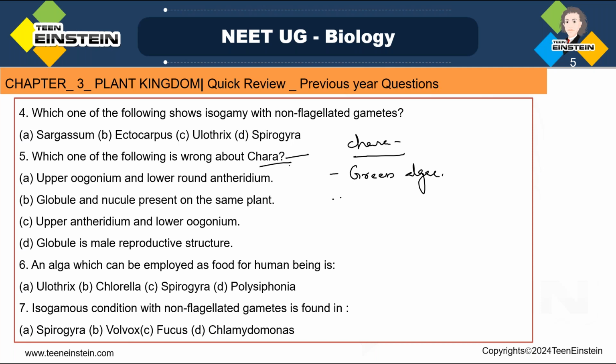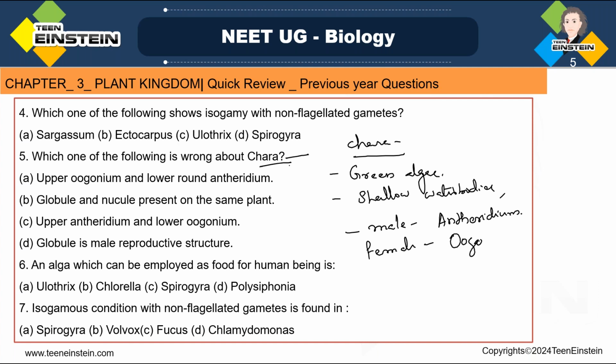The male sex organ is called antheridium and the female sex organ is called oogonium.